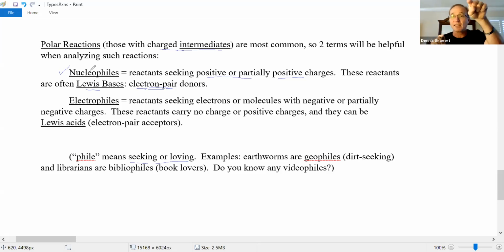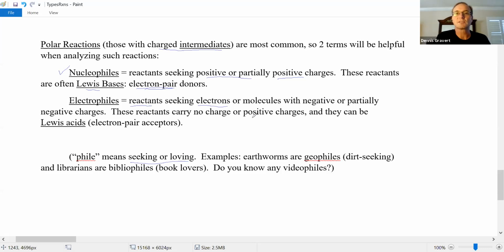So the nucleophile is the molecule seeking a positively charged thing. The other molecule has the positive charge. So now be the electrophile. I am an electrophile. Phile means seeking or loving. Why do I love electrons if I'm an electrophile? Because I have positive charge. I'm attracted to something negative. So the electrophiles are those molecules or reactants that are seeking electrons or something with a slight negative charge.